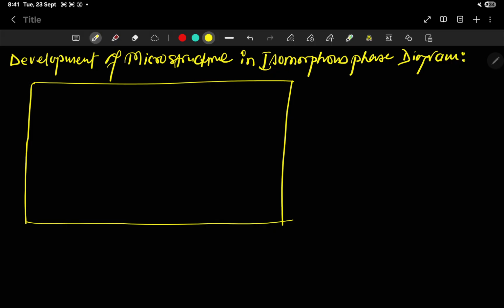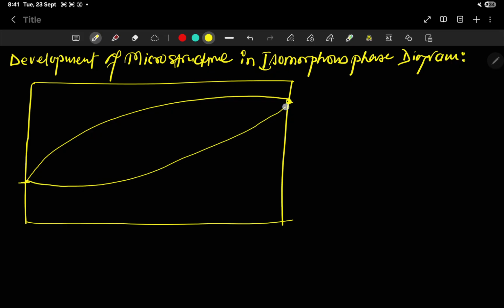So this is one point, this is another point, so it will go like this, it will go from here like this. Okay, now take one point, suppose at some fixed concentration.